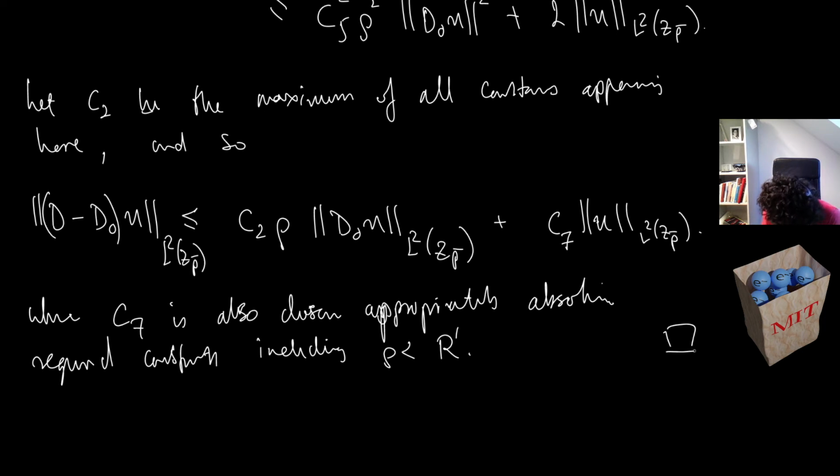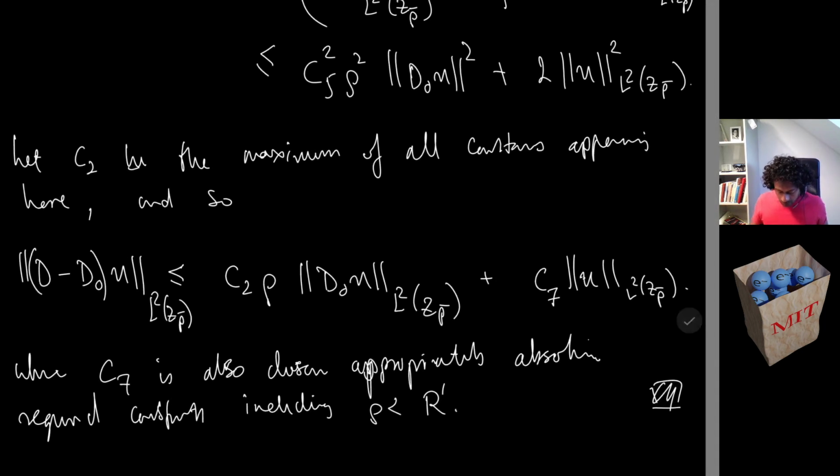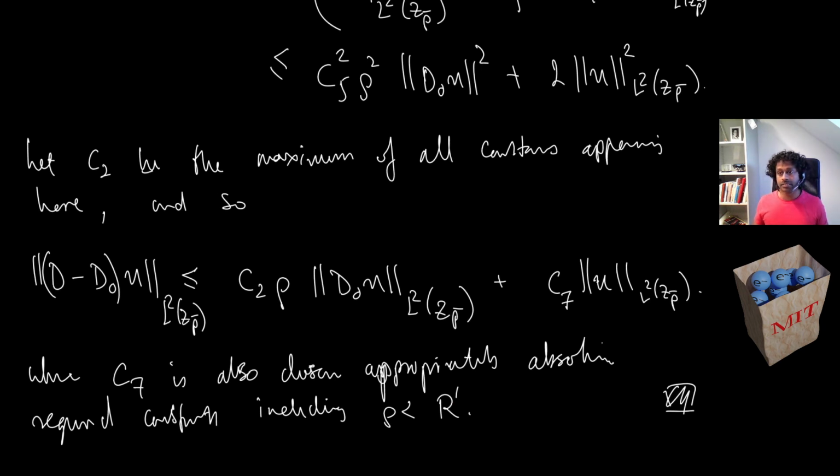So the thick and thin of it is that you can see explicitly in this how this abstract lemma that I showed you really comes about. So in order to get control on what happens on the homogeneous part of this operator domination, we might have to push more and more stuff across to the inhomogeneous part. And that's really what happens, right? We cannot really control the constant C7.